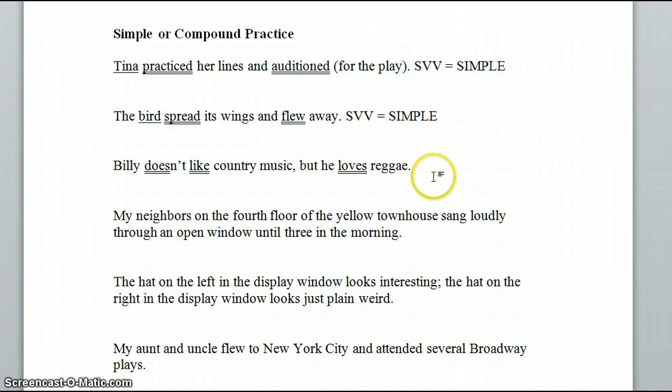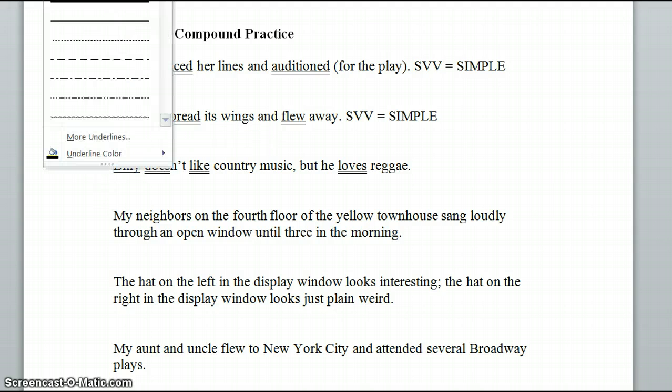Good. Okay. We handled the prep phrases. We didn't have any preps. We located the verbs. We found those. And the third step is to find the subjects. Go to the verb, does like. Who does like country music? Billy does. So we're going to underline that once.